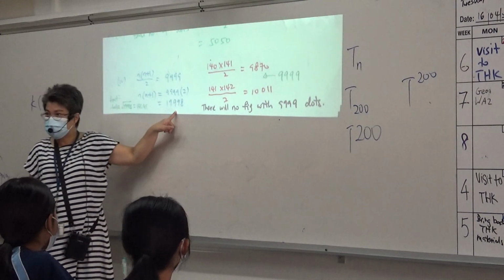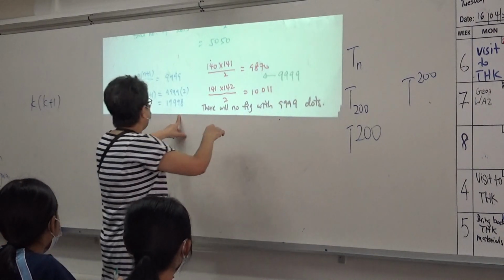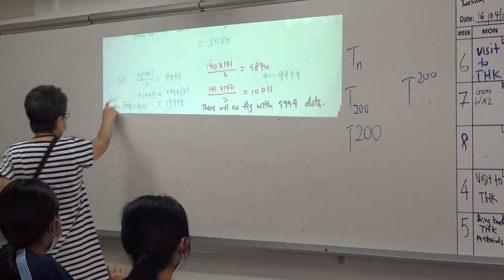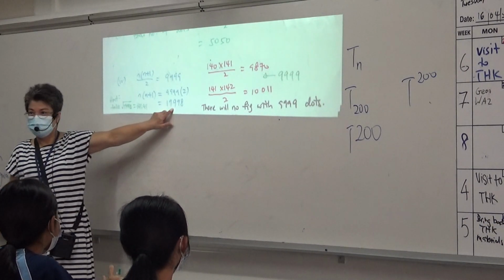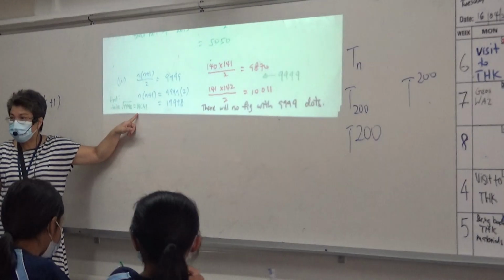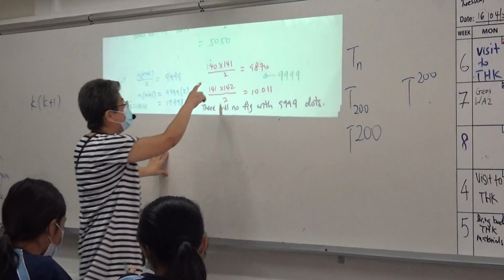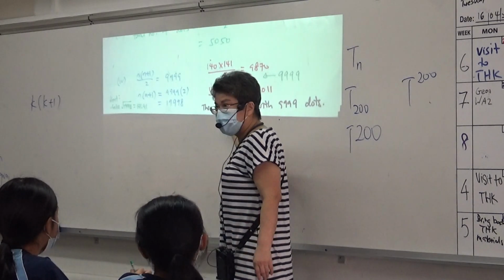It becomes like this. Now look at the hint, it's the same. If you take the square root of this, it will give you 141.41, right? So actually I just try 140 times 141 over 2, and 141 times 142 over 2, right?